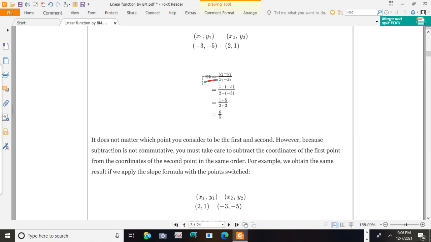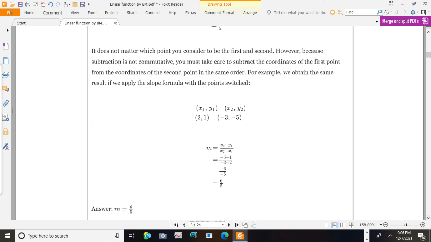It doesn't matter which point you consider to be the first or the second. However, because subtraction is not commutative, you must take care to subtract the coordinates of the first point from the second point in the same order. For example, we obtain the same result if we apply the slope formula with the points switched. You can select this one as first or this one as first.